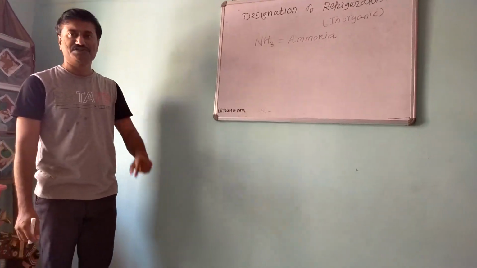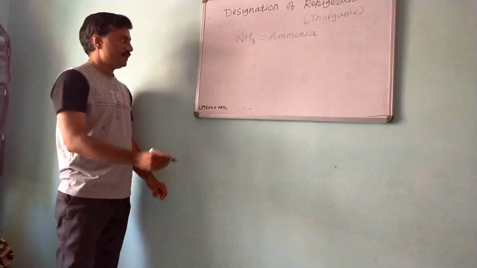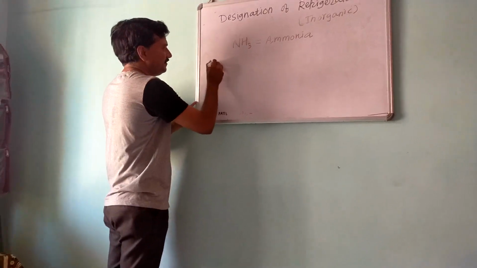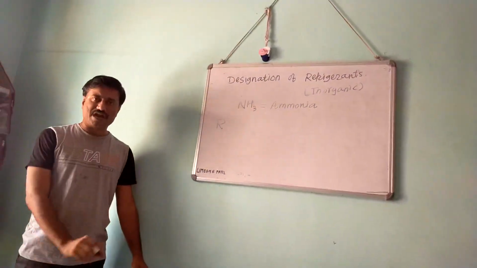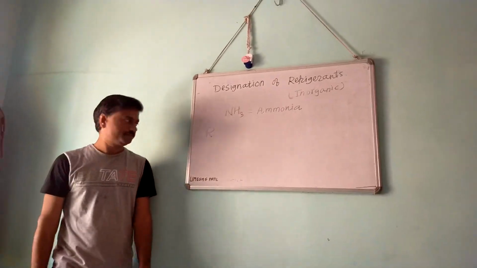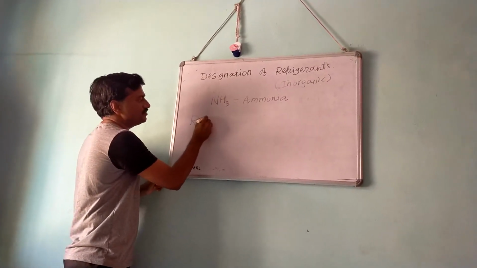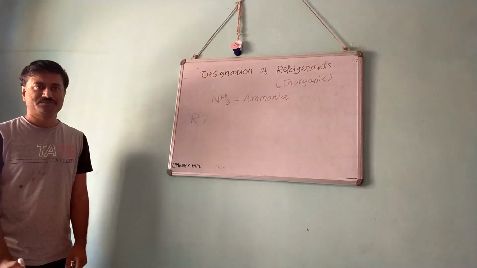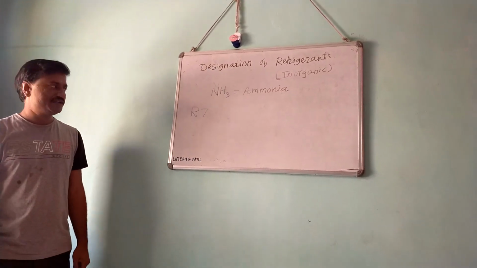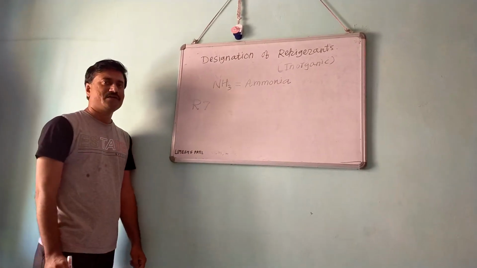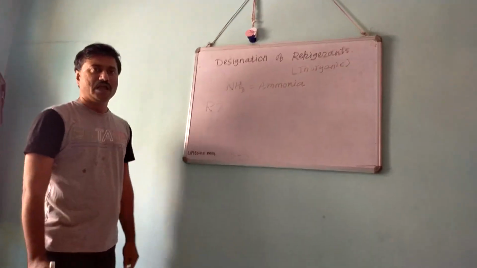So how is the designation given to ammonia? While designating any refrigerant, it starts with capital letter R. Then for any inorganic refrigerant, its first digit is 7. And the next 2 digits are nothing but the molecular weight of the given chemical.